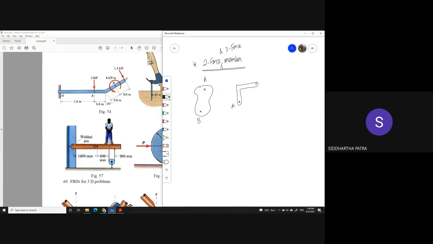Let's say these two locations are A and B, and the rigid body is only receiving forces at these two locations. That means all the forces being applied to the body are at only these two locations. Same over here.